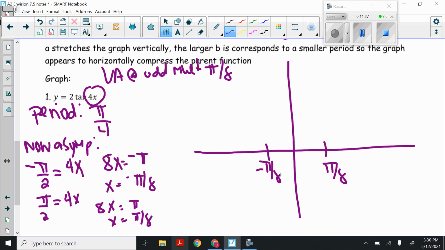So in between, negative pi over 8 to pi over 8 gets me a period of pi over 4. I know that in the middle of that is my 0, so then I need here and here. So halfway between 0 and pi over 8 is pi over 16. So then this would be negative pi over 16.